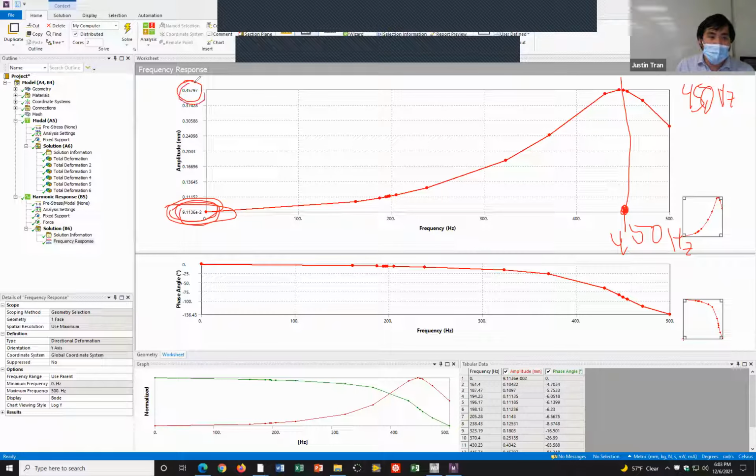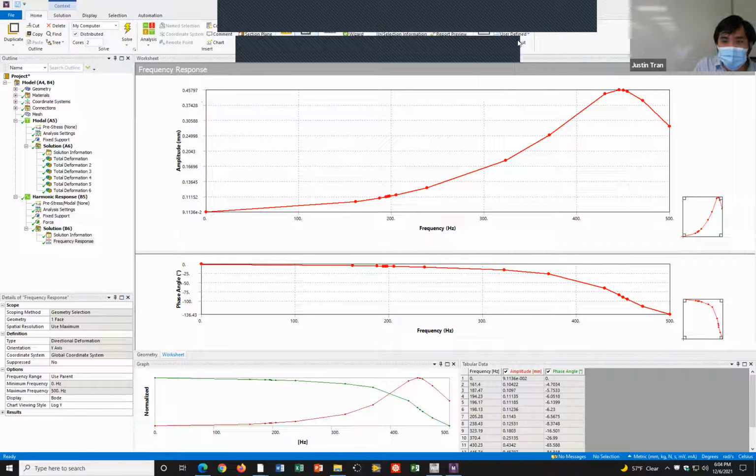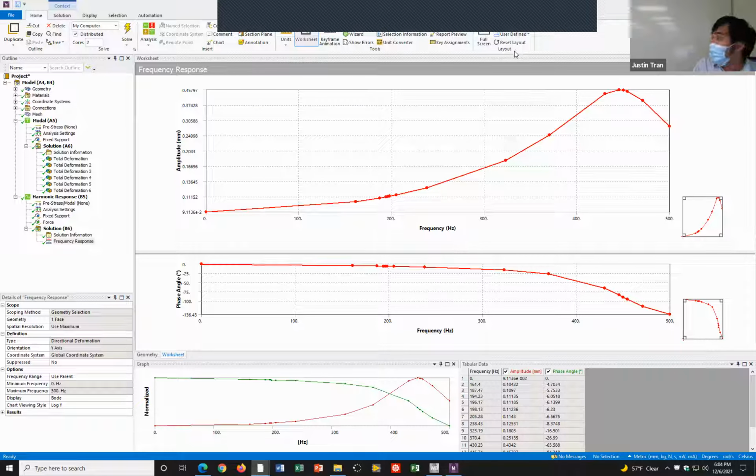But for resonance, we can see that this jumps up to 0.458. So that's a huge increase in the deformation. This just shows you how dangerous resonance can be for certain structures. Okay, all right, any questions on this?